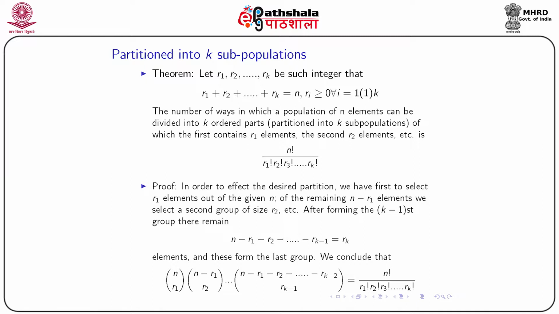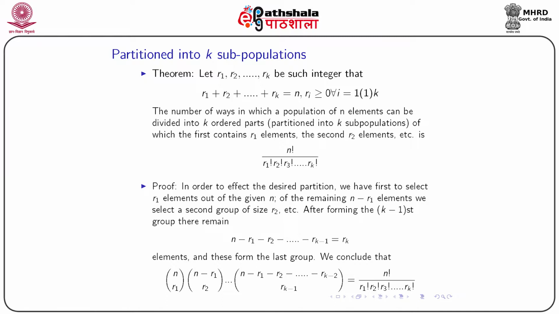The number of ways in which a population of n elements can be partitioned into k ordered parts, of which the first contains r1 elements, the second contains r2 elements, the third contains r3 elements, and so on, is n factorial over r1 factorial times r2 factorial times r3 factorial times ... times rk factorial.